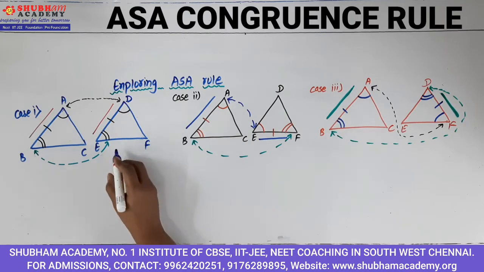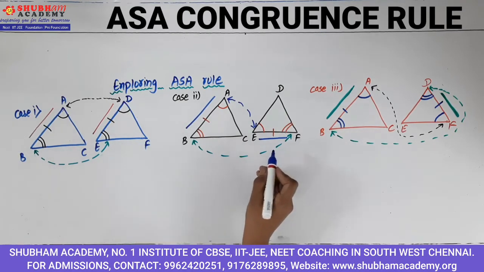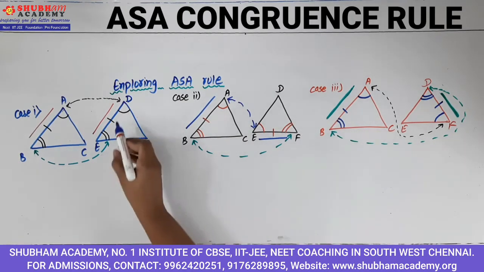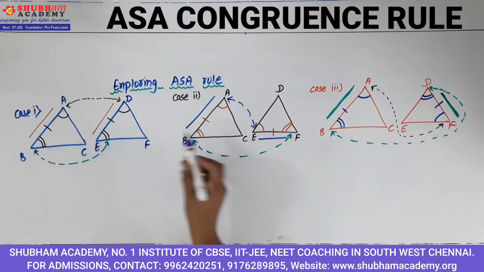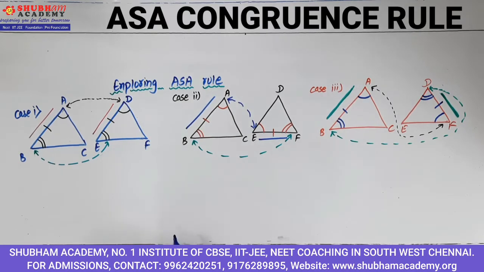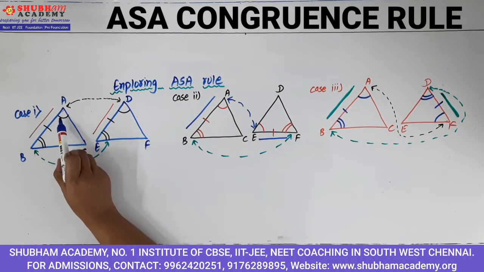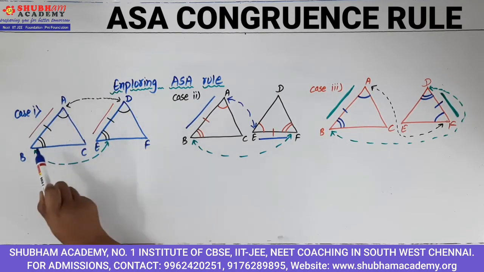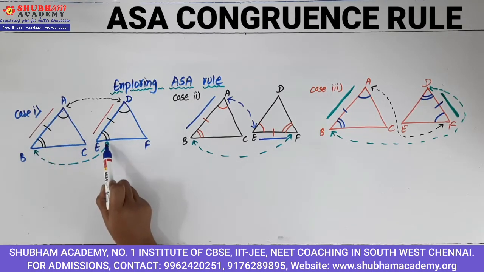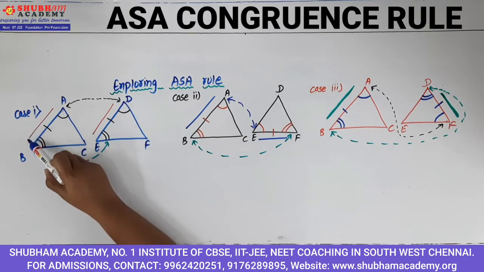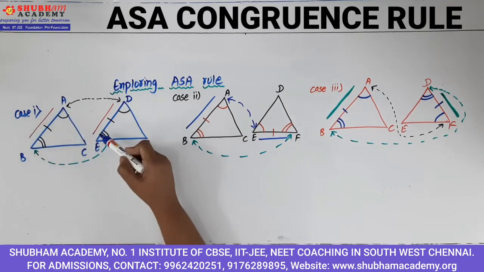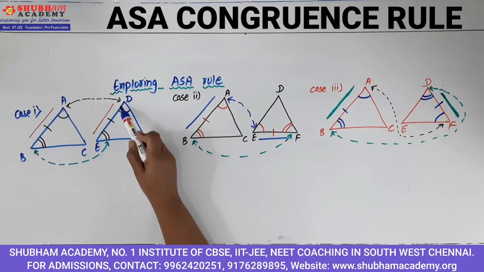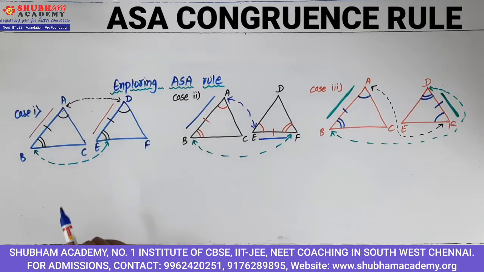But for second triangle DEF, in all the three cases we have changed the position of angle and sides. So let's concentrate on case 1. Here we can see in case 1, angle A corresponds to angle D, angle B corresponds to angle E and side AB corresponds to side DE of triangle DEF.